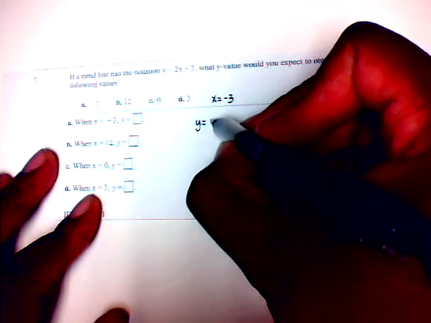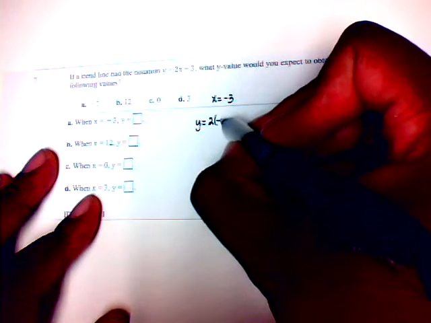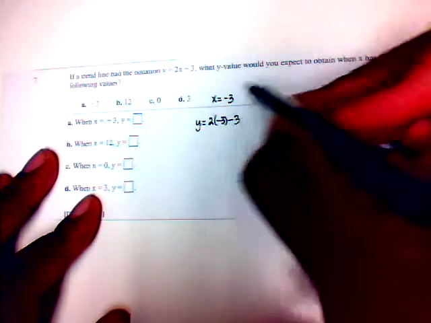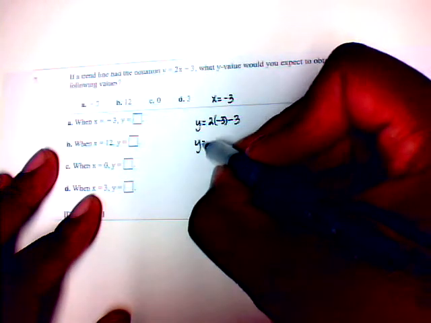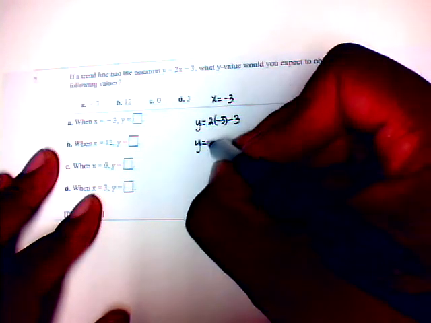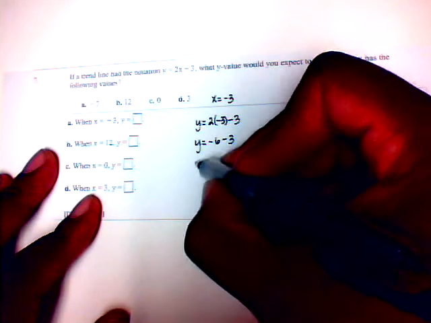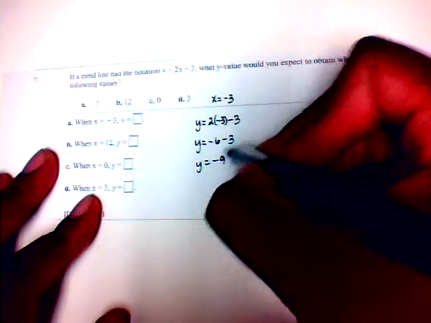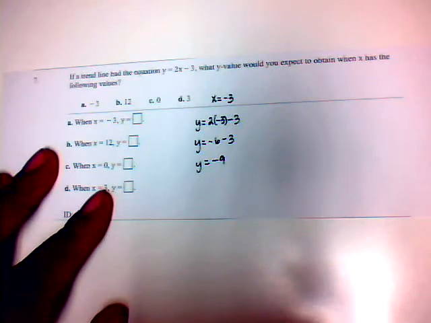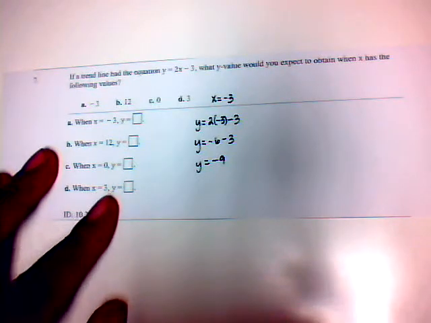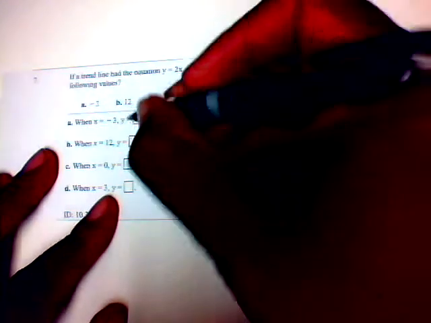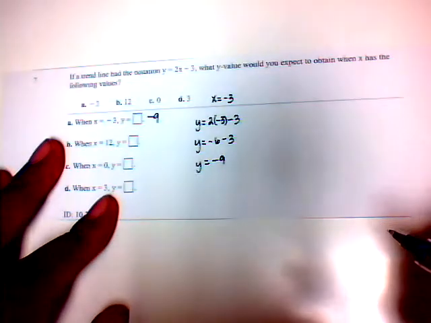So we just replace the x with negative 3 in our trend line equation. So you have y is equal to 2 times negative 3 minus 3. 2 times negative 3 is negative 6. Negative 6 minus 3 is negative 9.